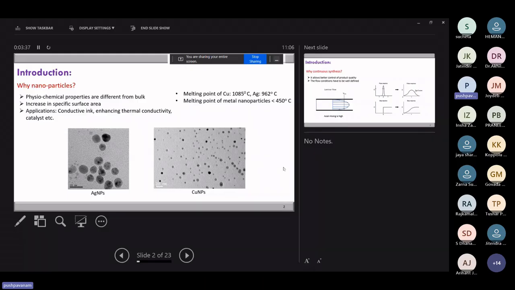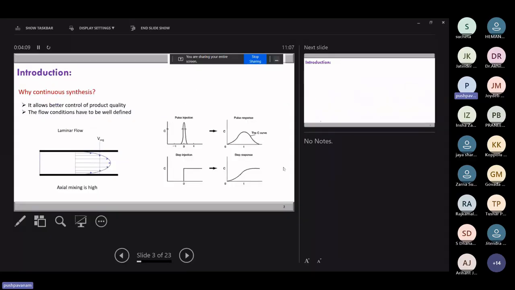Okay, and when you look at physical properties, the melting point of copper is around 1085 and for silver is 960 Celsius, and the melting point of these nanoparticles is much lower. So these are some of the physical properties I wanted to make all of you aware of. Okay, and this is what we're going to talk about in the synthesis part.